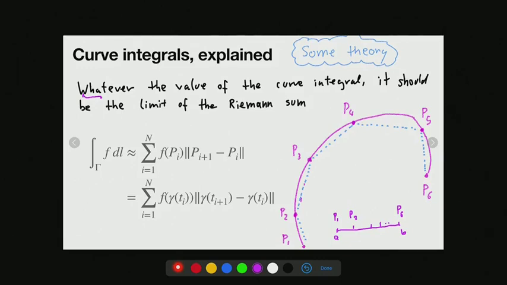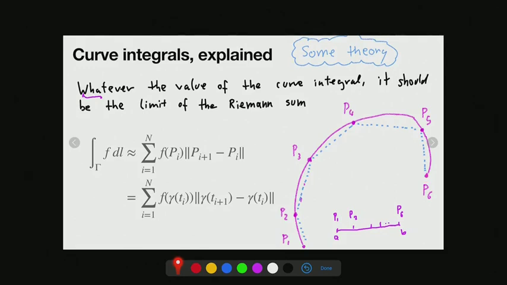Okay, then it seems intuitive that I can approximate the value of the integral of f along that curve by, in some sense, approximating the curve by a succession of straight lines. So what I've done here: I start at P1, I take a straight step to P2, a straight step to P3, a straight step to P4, P5, P6.